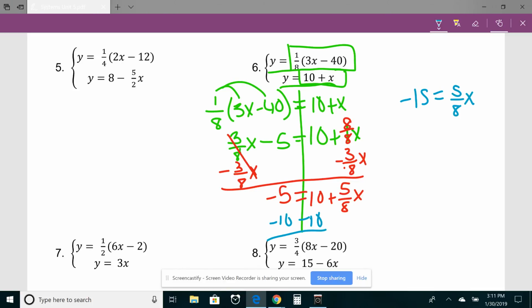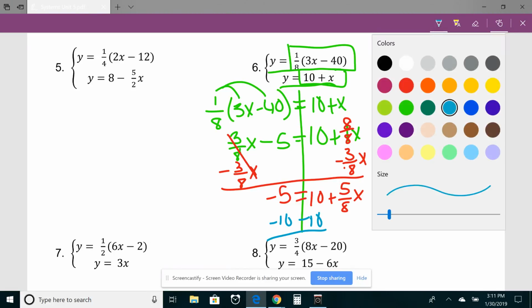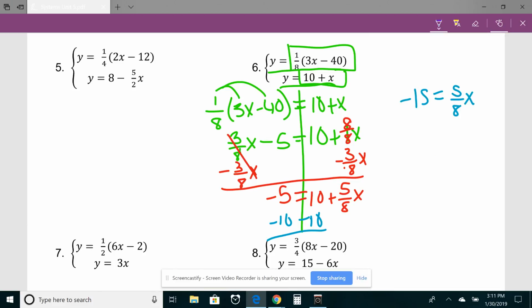Now, to get rid of a fraction, to do the inverse operation of 5/8 x, you have to multiply both sides by the reciprocal, 8 over 5. So that'll cancel these out. You have to do the same thing over here, multiply by 8 over 5. 8 over 5 times negative 15.